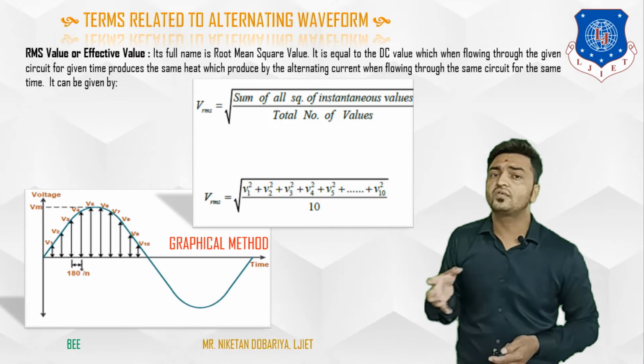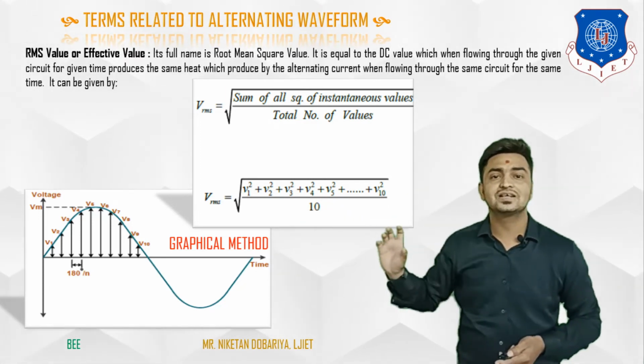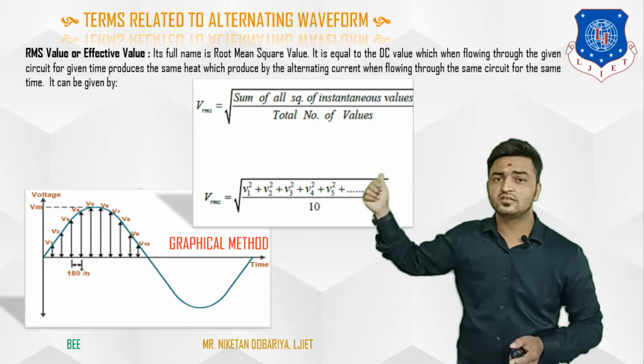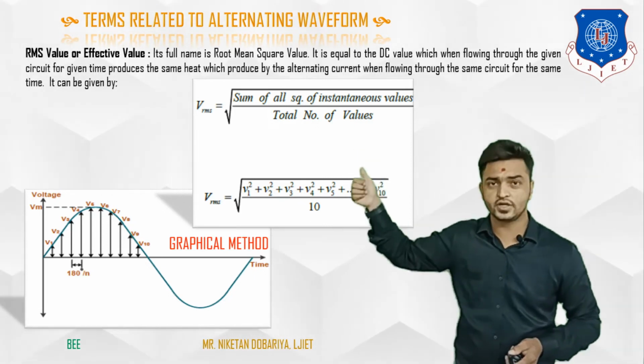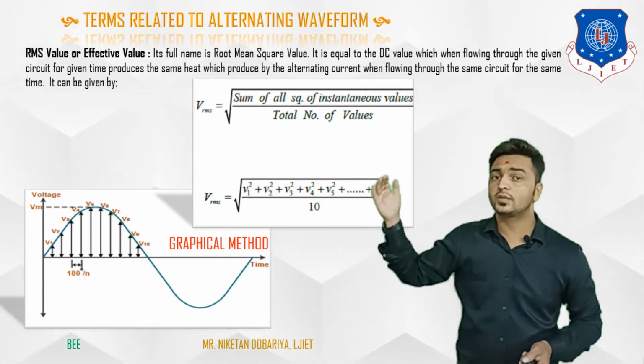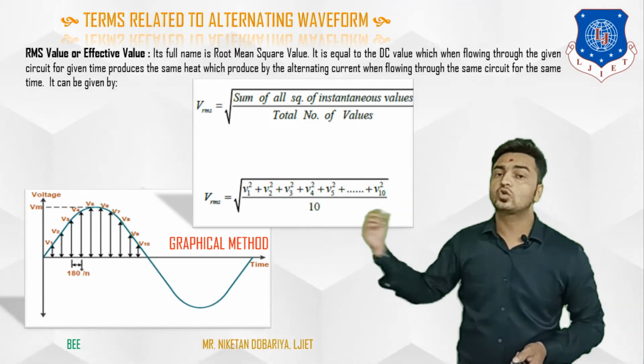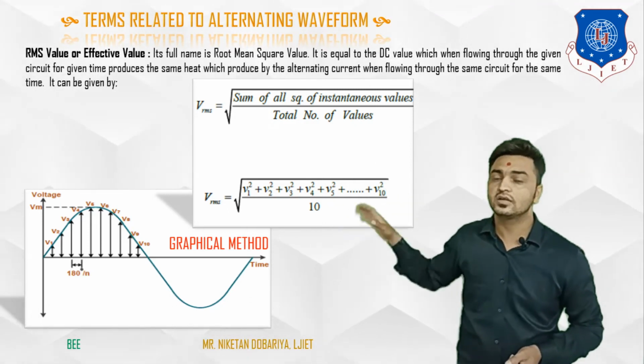Next we will find the mean value of these squared instantaneous values, and that is done in the given equation over here. To find the mean value, we have done V1 square plus V2 square plus V3 square up to V10 square, divided by the total number of values, which is 10 in our case.